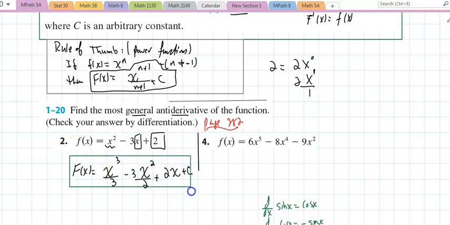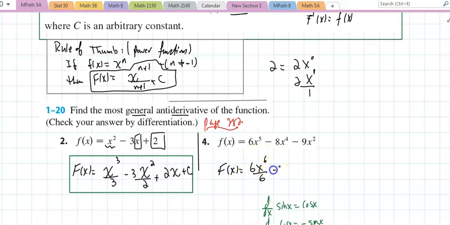But normally when we have a constant for a derivative, that means you take a derivative of a linear function. Same deal with number 4. Capital F of x would be 6x, add 1 to the power, divide by that. The negative 8 you leave alone, add 1 to the power, divide by that, and add 1 to the power, divide by that.